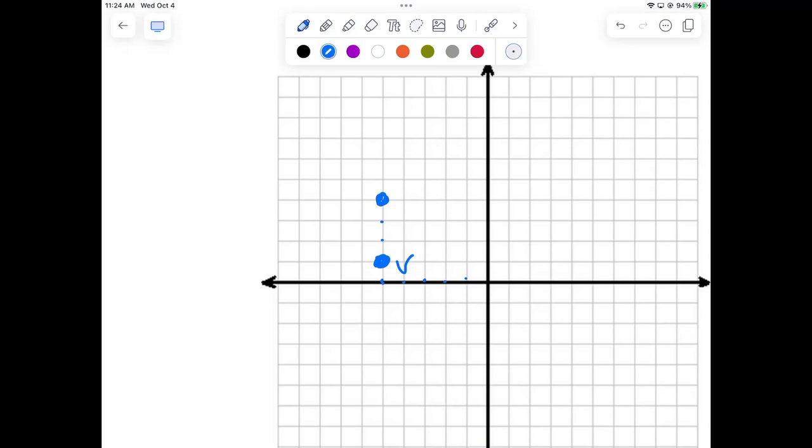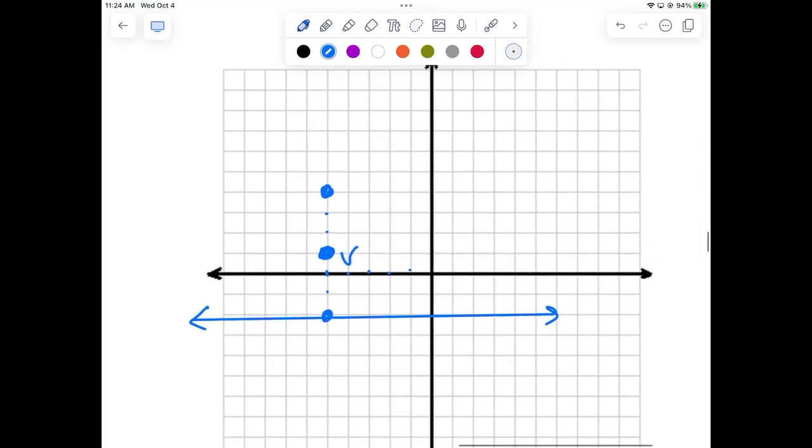And then I'll go down 3, 1, 2, 3 from there. And then I'll draw my directrix like this. And if you forget, you can just count. That's at y = −2. And the focus is at −5, 1, 2, 3, 4.